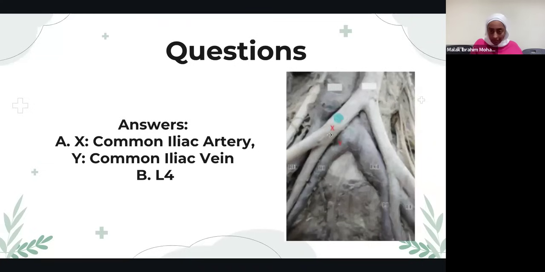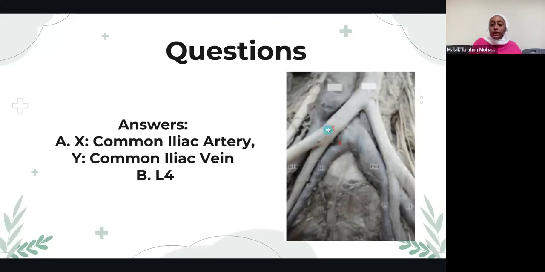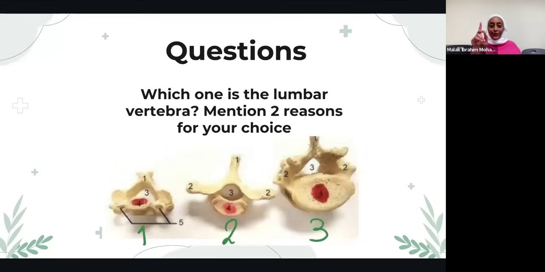Perfect. X is the common iliac artery, and Y is the common iliac vein. The spinal level of X is L4, because we said the bifurcation happens at L4, and the joining happens at L5. And with that, one more question. Which one is the lumbar vertebra and why?